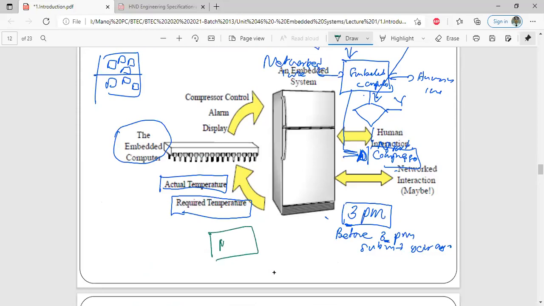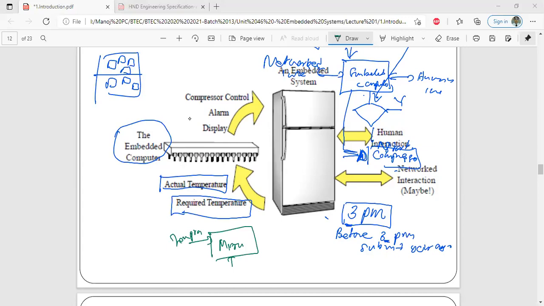So here the microcontroller is at the middle, with the temperature measurements and those kind of things here.